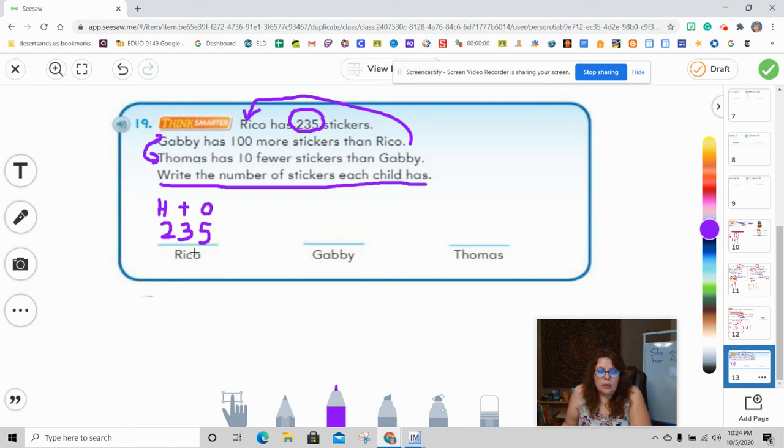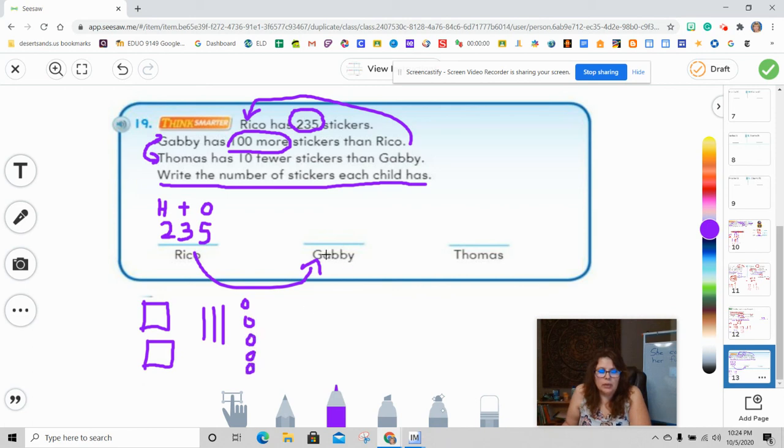And then to find out what Gabby has, I'm going to draw this picture and I'm going to add 100 more stickers. So I'm going to draw two hundreds, 3 tens, and 5 ones. Now this is just Rico's.